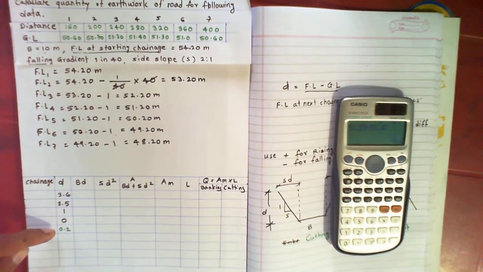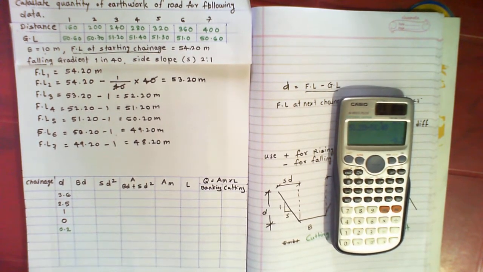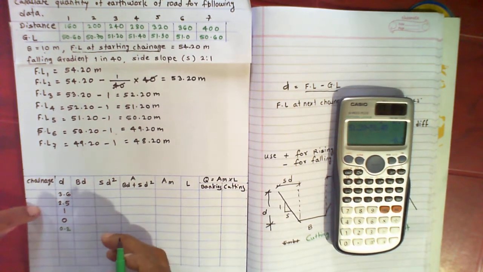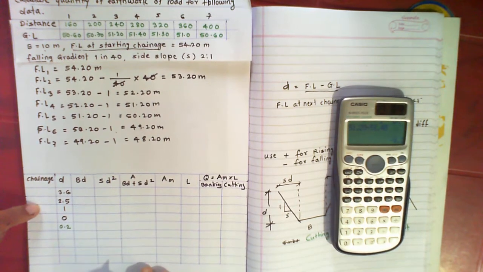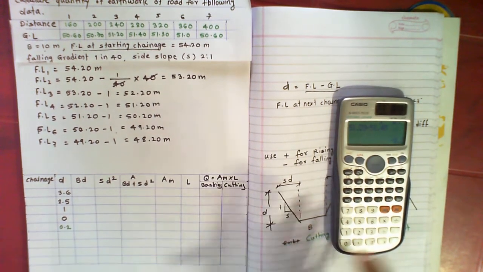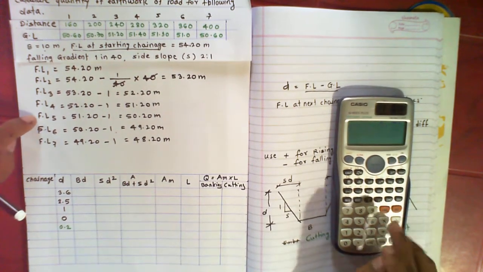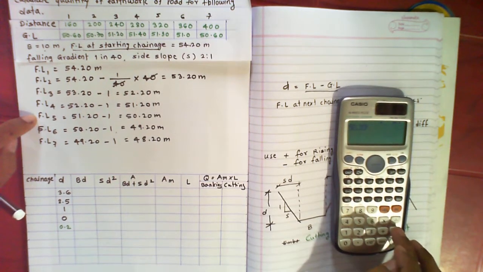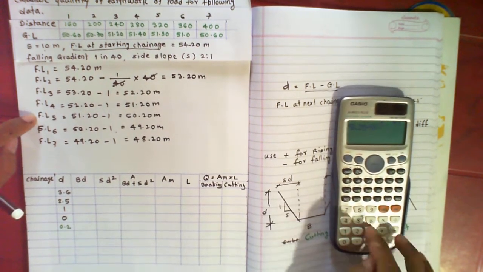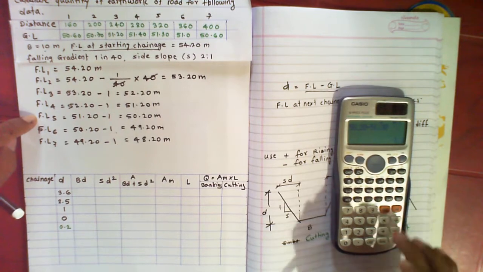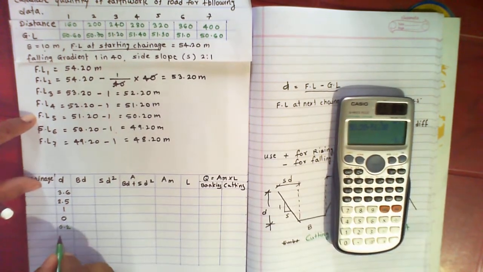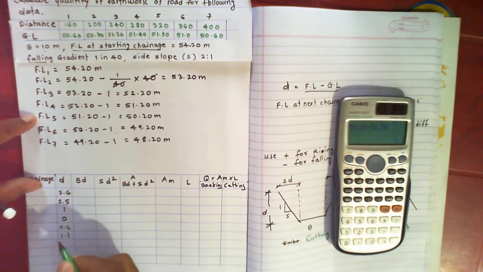So below 0 there are negative values for depth, and above 0 there are positive values for depth. So next is FL5, that is 50.20 minus 51.30, and it is minus 1.1, that is 1.1.